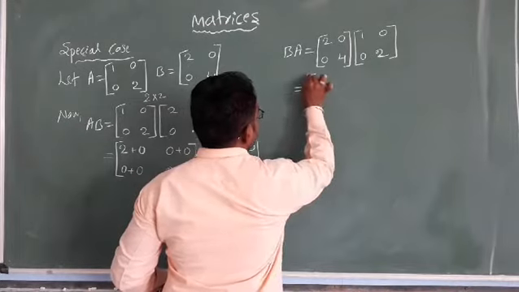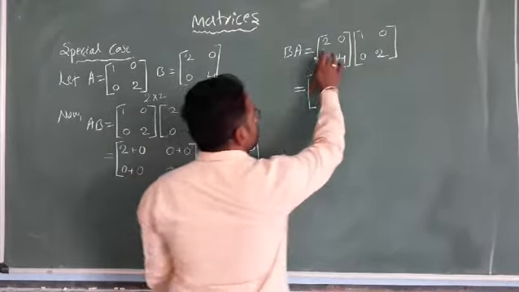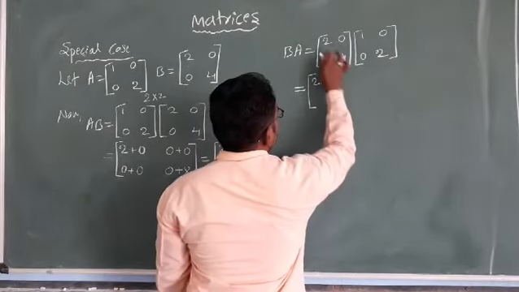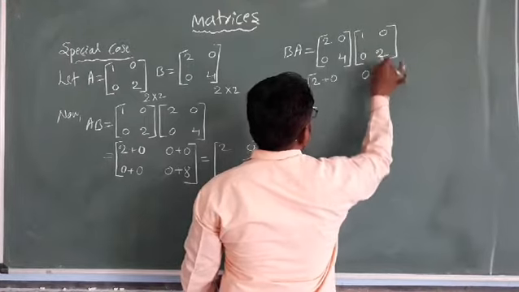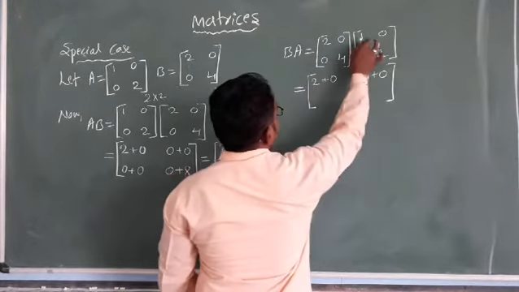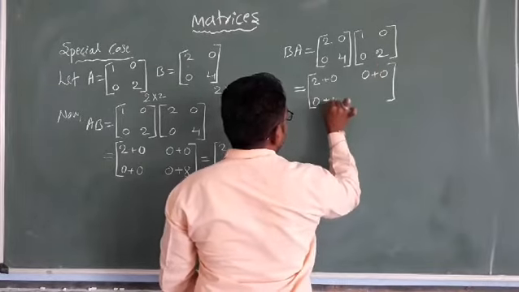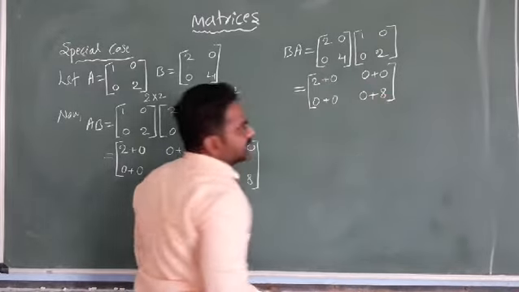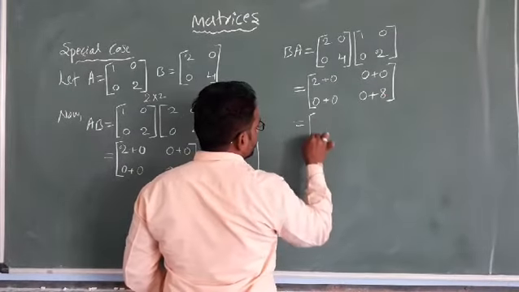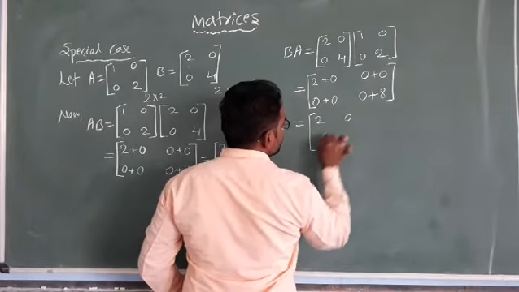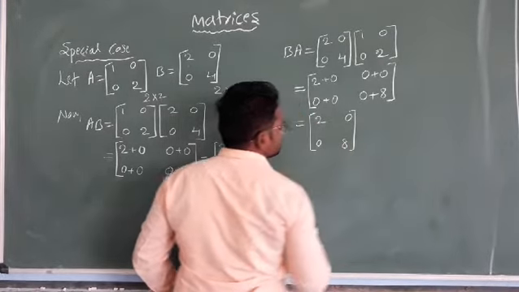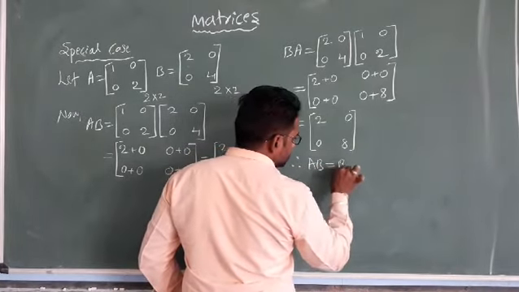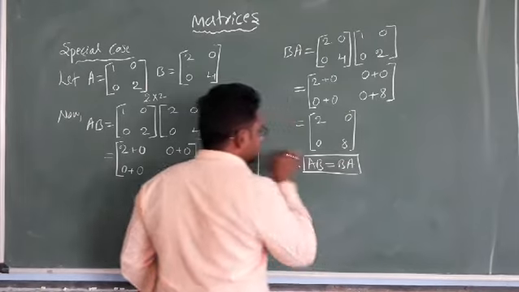So just make the product of these two matrices. 2 into 1, that is 2, plus 0 into 0, 0, 2 into 0, 0, plus 0 into 2 is 0. Next 0 into 1, 0, 4 into 0, plus 0, 0 into 0, 0, plus 4 into 2, that is 8. So what we get here? We obtain 2 0 0 8. Hence, the product AB equals BA.